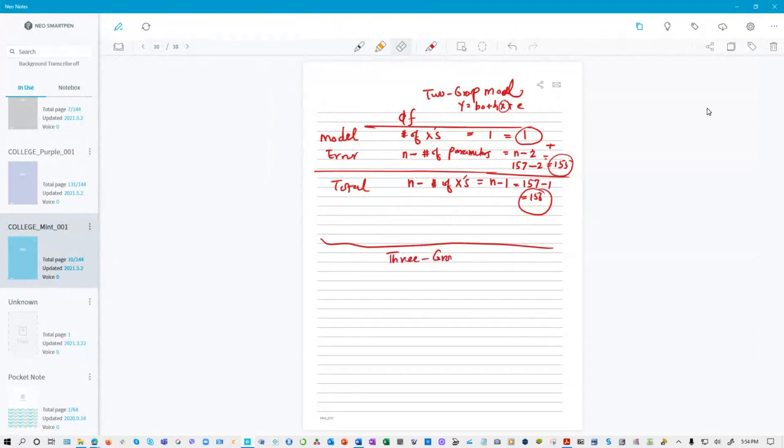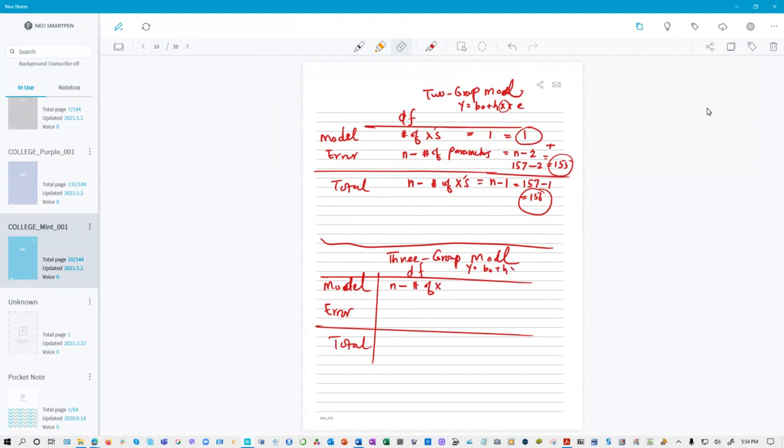Three group model. So you have model, error, total. The degrees of freedom is n minus number of x. Three group model: y equals b naught plus b1 x1 plus b2 x2 plus e.